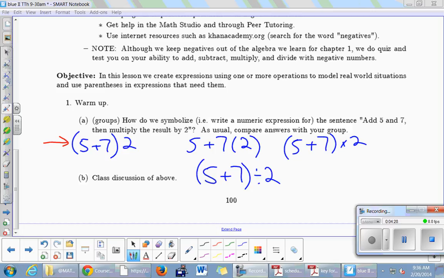So the 5 plus 7 is put in parentheses because it says you got to add 5 and 7. Then there's a comma, a break in the thought, and then whatever you get, you're going to multiply. And so, okay, so John, do you want to retract one of these things? Which one do you want to say is not right? Well, the one I did was kind of the parentheses 2.